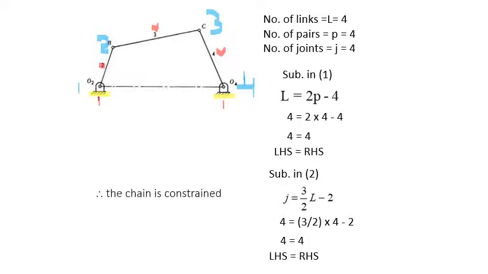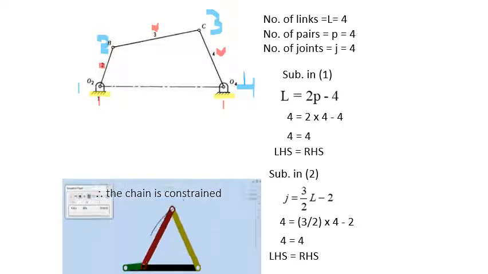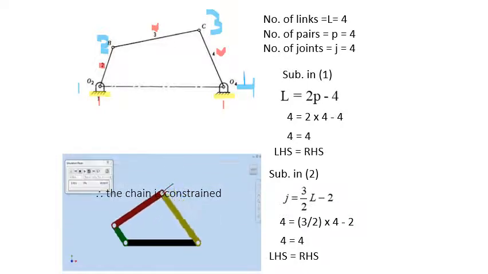Therefore, we can conclude that the chain is a constrained one, which has relative motion. You can see in the video, each link has relative motion with respect to the other links. This is link number 1, the frame, this is link number 2, this is link number 3, and this is the last link, the rocker, link number 4.